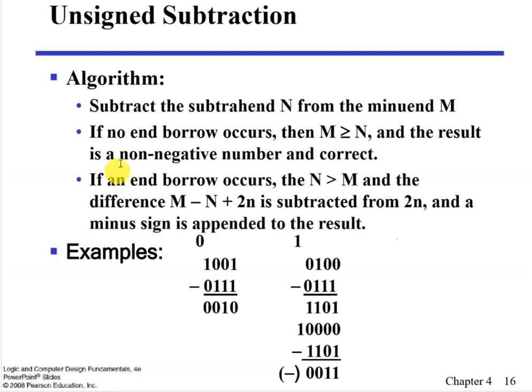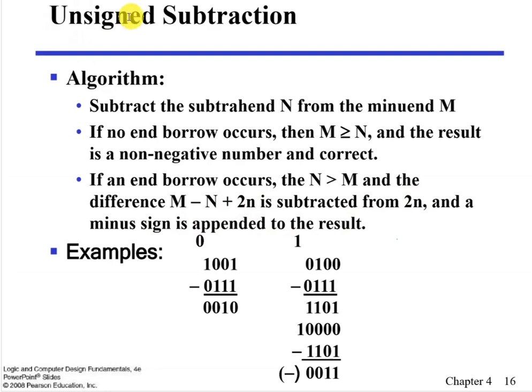In the other case, we need to borrow: the case where our subtrahend n is greater than the minuend. In this case, the difference would be m minus n plus 2^n, which is subtracted from 2^n, and then a minus sign is appended to the result.